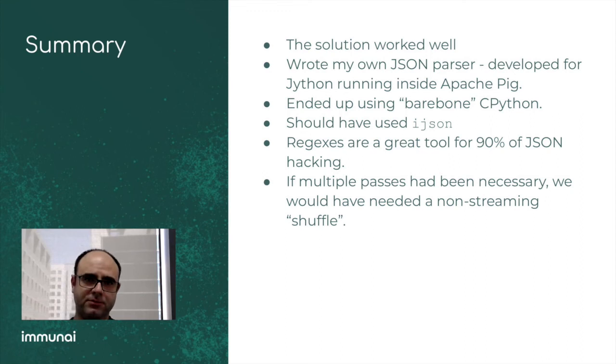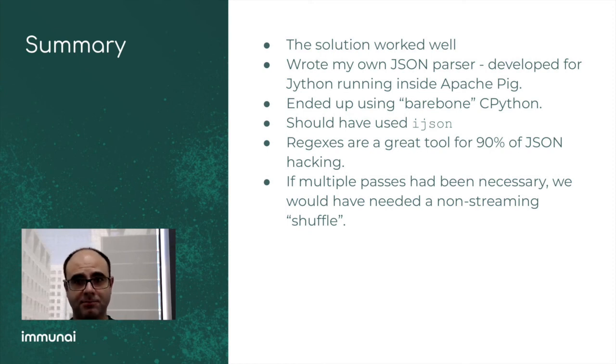And I didn't have a lot of choice about that. So it turned out that Jython just wasn't up to the task. So I ended up using an alternate mode of Pig, which is called direct streaming, which is essentially just having an arbitrary executable go over all the data.